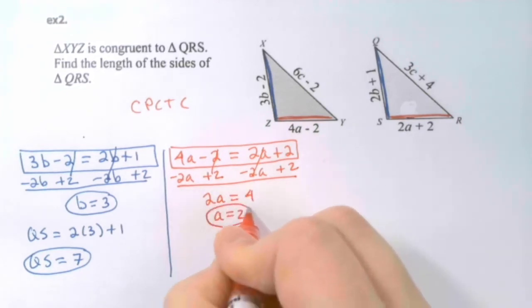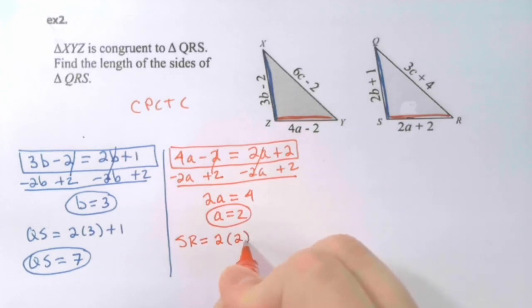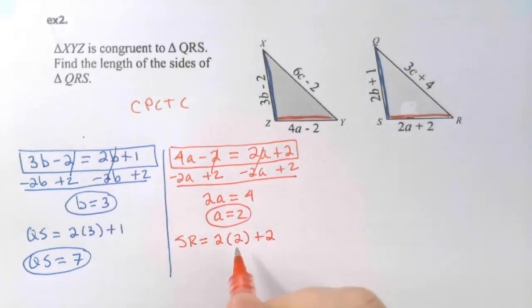So A must be 2. Now that we've got A, we can get side SR. Side SR is 2 times A, which is 2, plus 2. 4 plus 2 is 6. So SR equals 6.